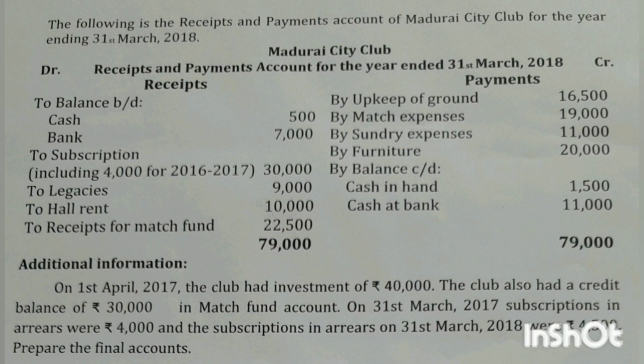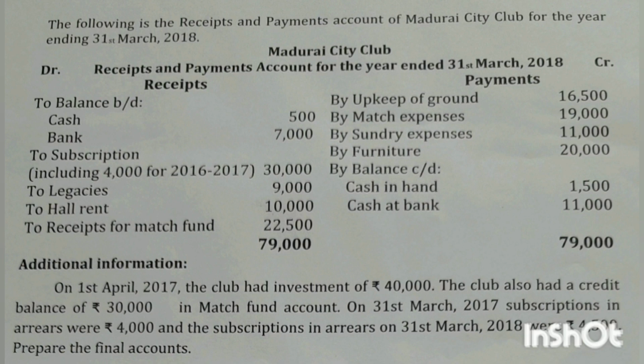On 31st March 2017, which means previous year closing, subscriptions in arrears, that is outstanding subscription accrued, were rupees 4,000. This is the asset of the previous year. And the subscription in arrears on 31st March 2018 were rupees 4,500.